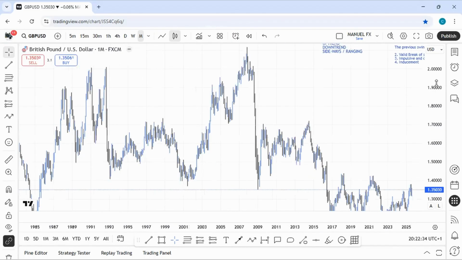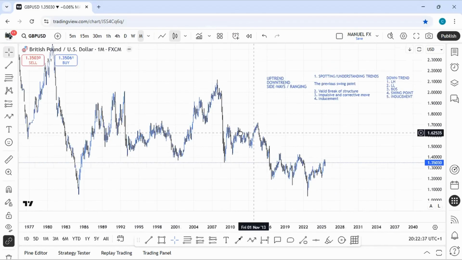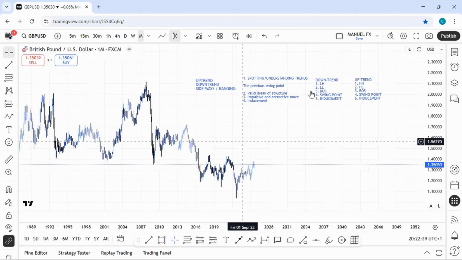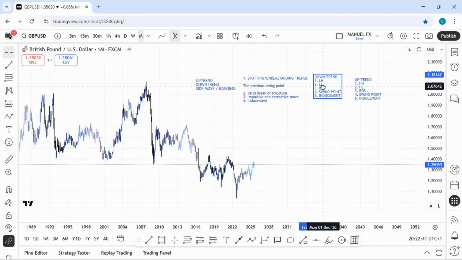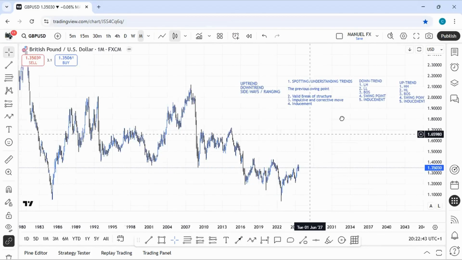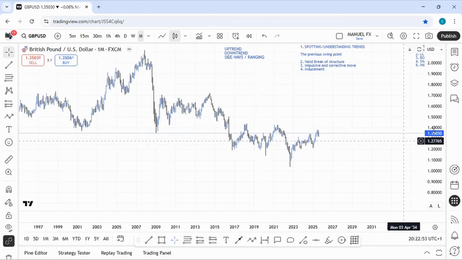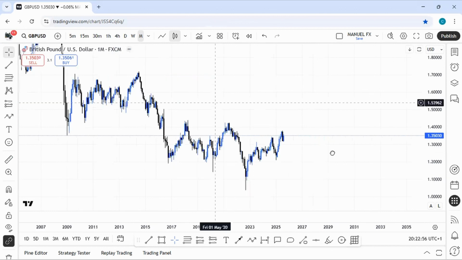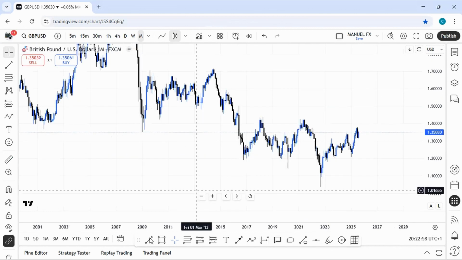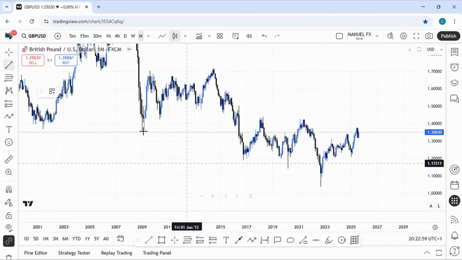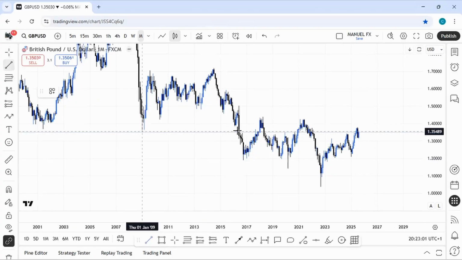And remember, I told you that a lower high is the highest point within a move. If we look at this market, we can say that this is our break of structure.